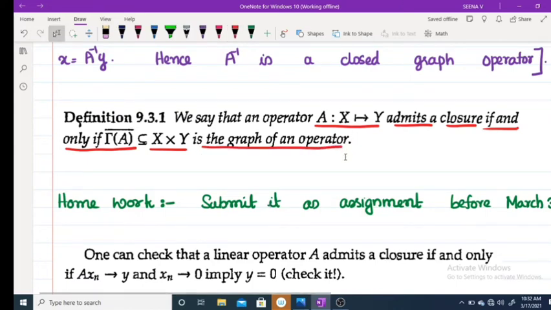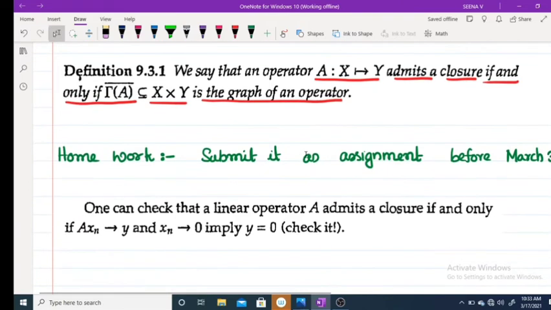That is, gamma of A closure is the graph of another operator.